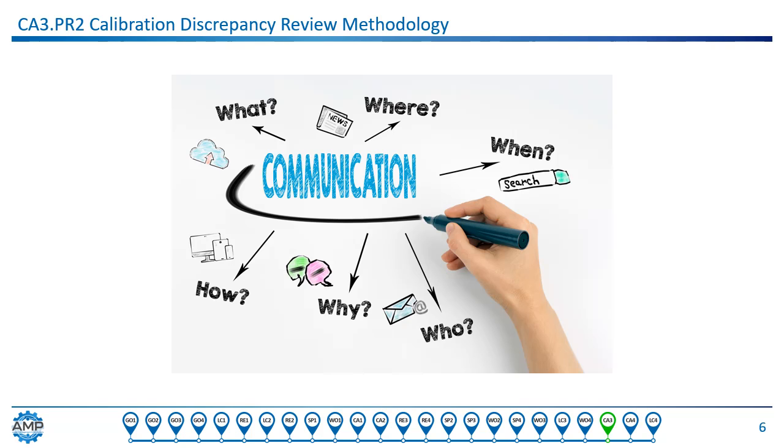There should be rules established in the calibration program that establish the communication path and timing. Usually, a calibration deviation has to be reported to quality within 24 hours to be considered timely communication. Deviation communication should be consistently formatted and have some minimum information requirements. This is the handoff between operations, calibration, and quality.